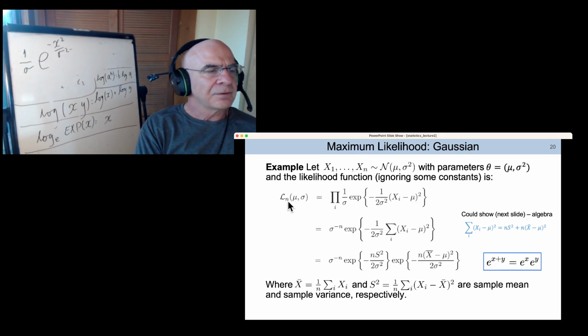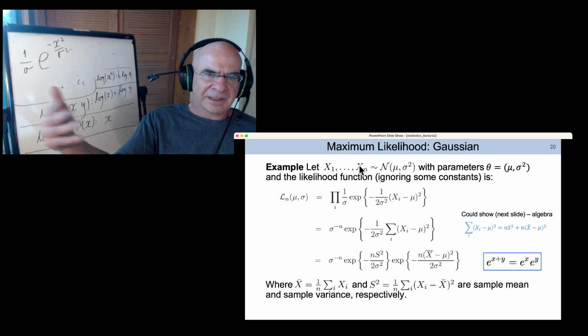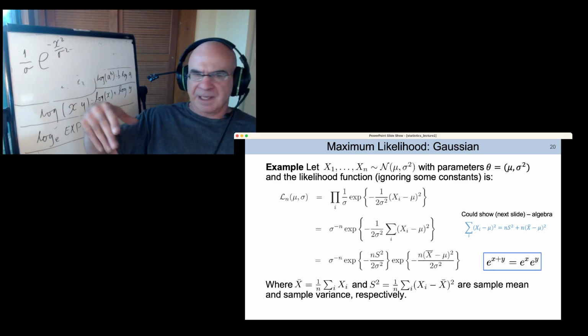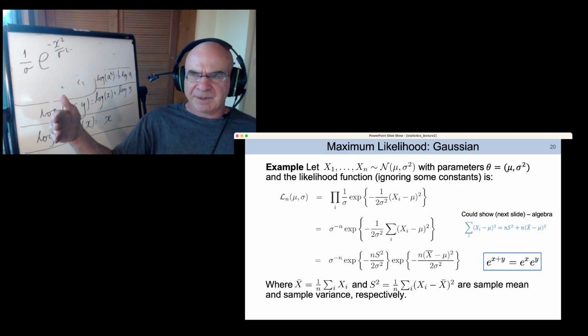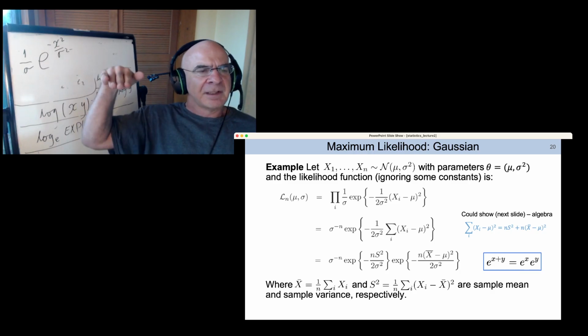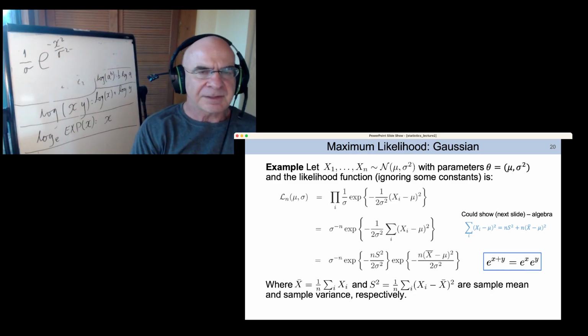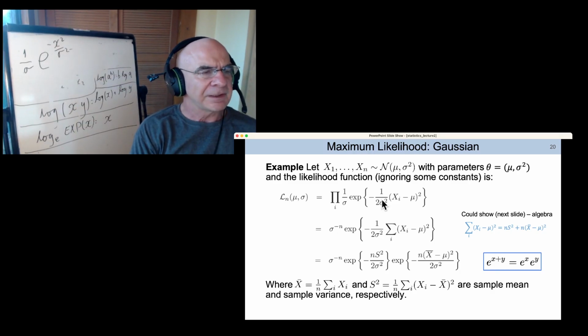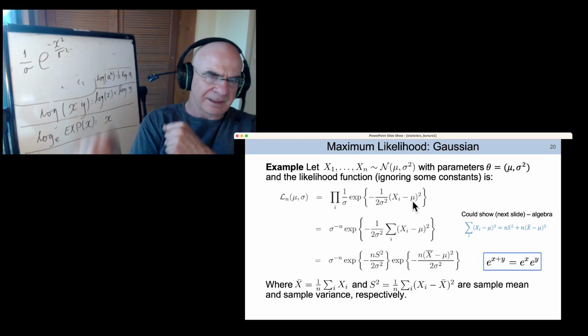So my log likelihood is for each one of the variables. That's how I assume that it was distributed, and therefore the probability that I got these particular values, heads, tails, or I sampled a set of people and measured their height, and I assume that height is distributed according to normals. What is the probability that that's the data that I have?